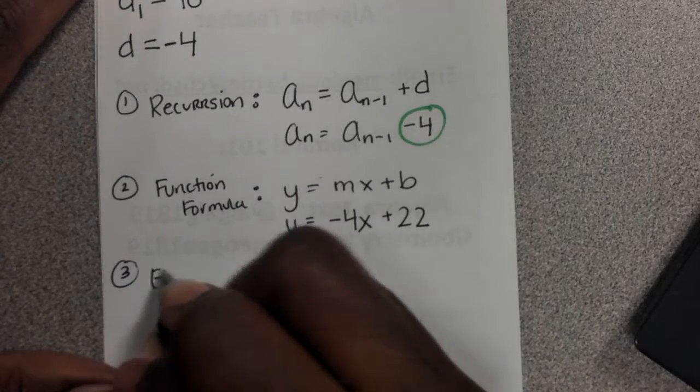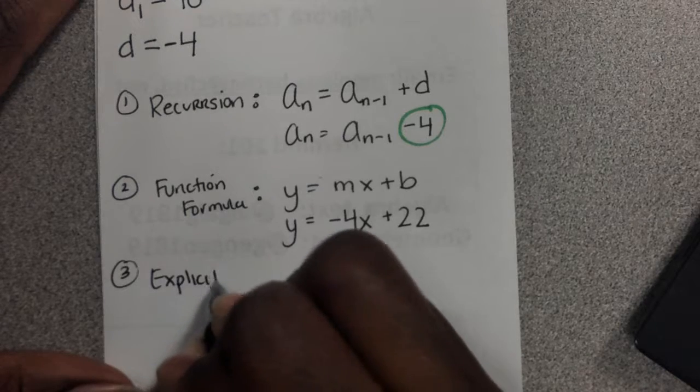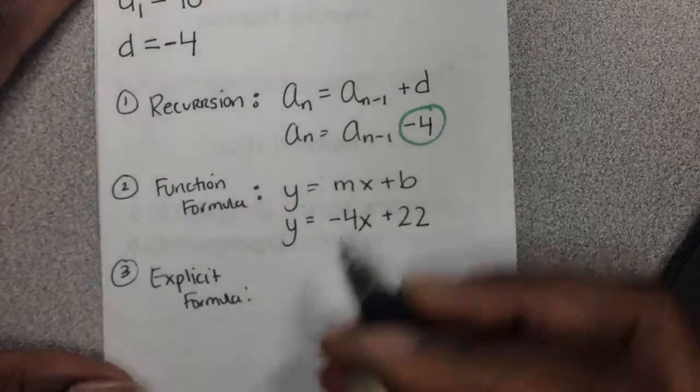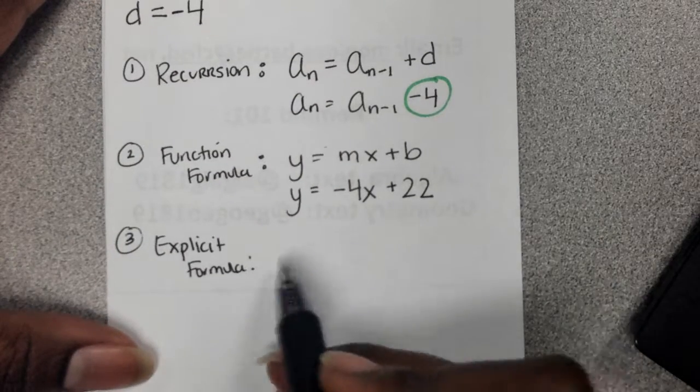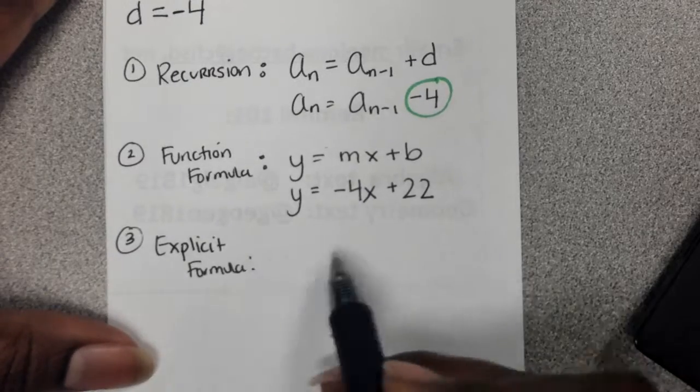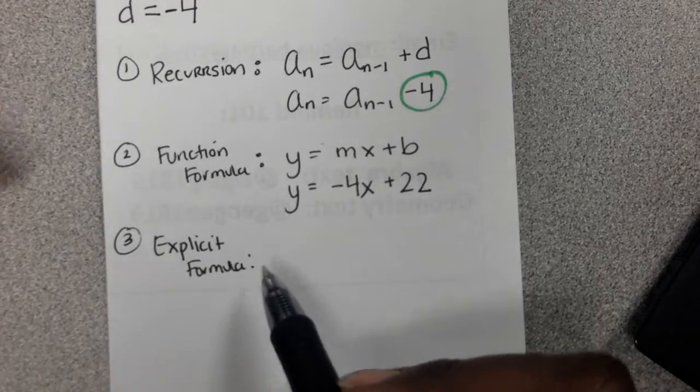Okay. And then the new one is the explicit formula. The explicit formula helps because if you have an explicit formula, then you don't have to come up with the function formula. And you can still put the explicit formula in the y equals. All right.